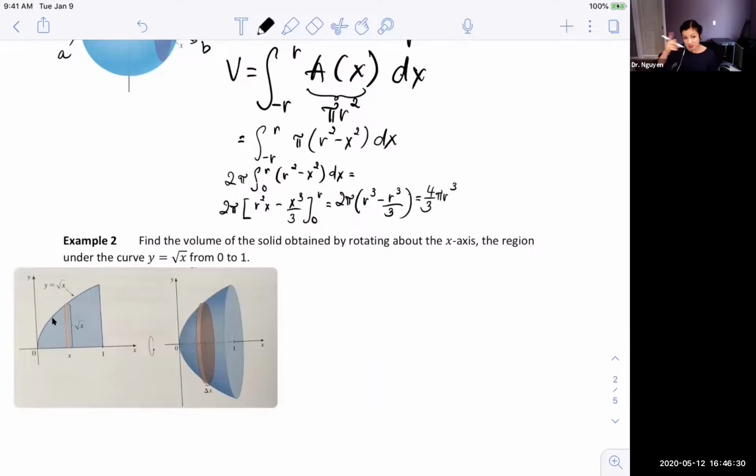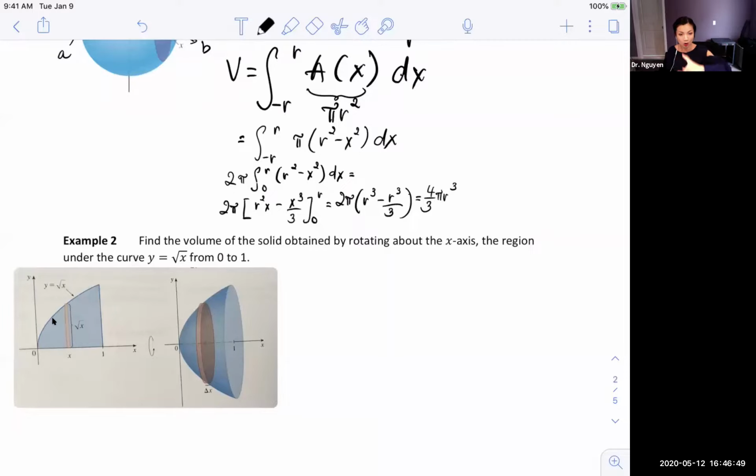So you can see that we have the square root of x function right there. You're gonna take a piece of it, delta x, and you rotate it about the x-axis.